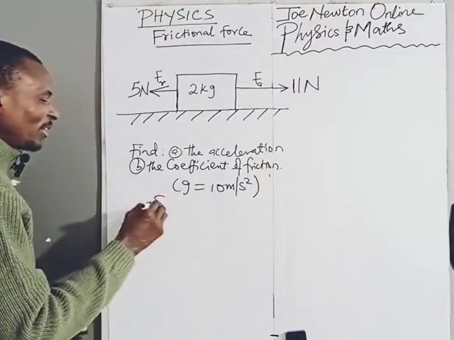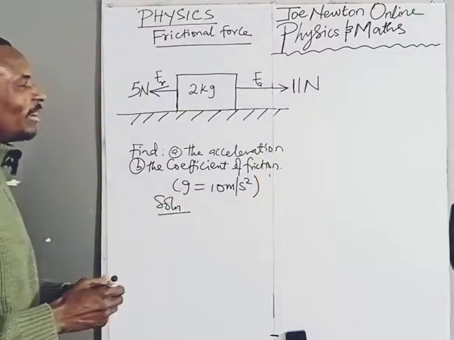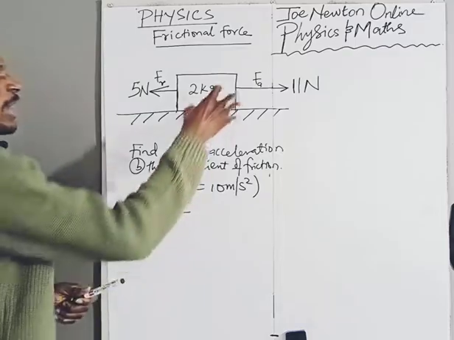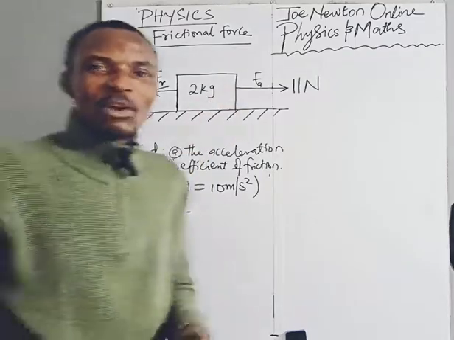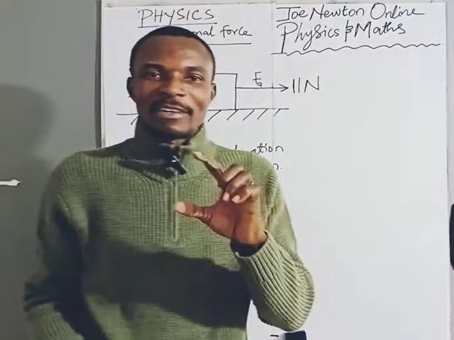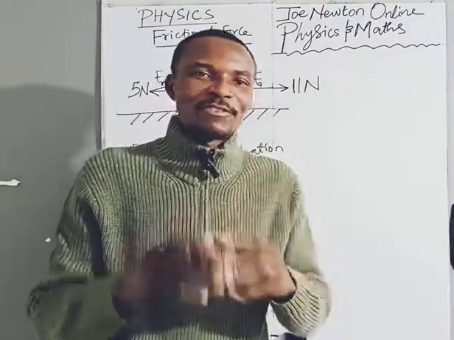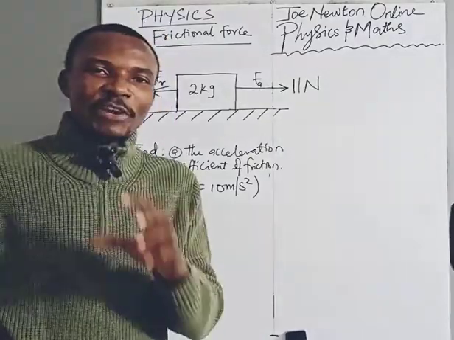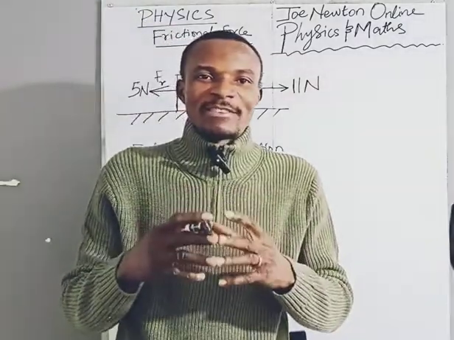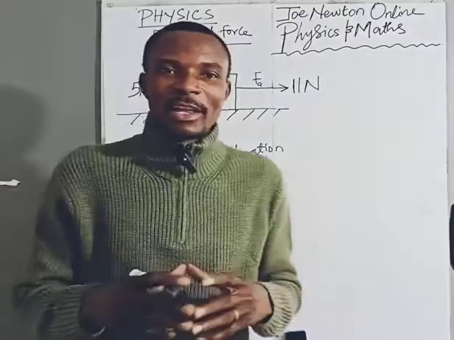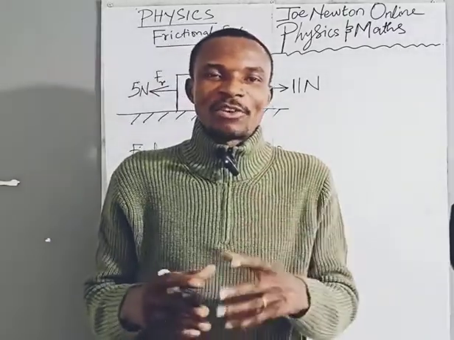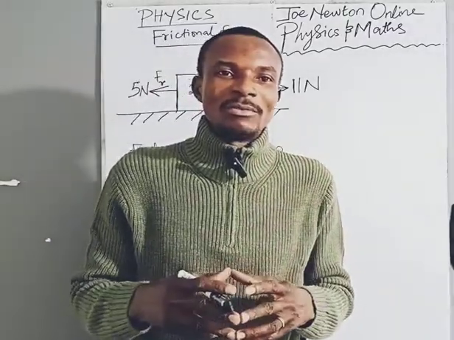Okay, in solving this, first of all, we have to find the net force, because the force that will give the body acceleration is the effective force, the unbalanced force, or the net force. Had it been that there is no frictional force effect in the motion of that body, then the acting force would take it all.